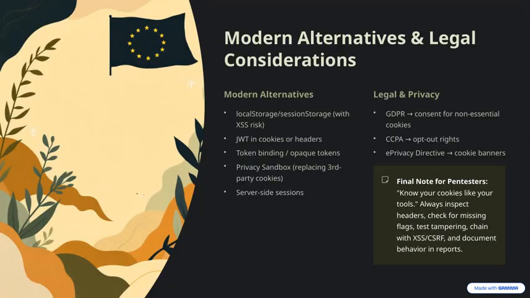Let's take a look at some modern alternatives for managing sessions and cookies, along with the legal considerations that come into play. First, local storage and session storage are popular options, but they do carry XSS risks, so it's important to implement proper security measures. Then there's JWT, which can be stored in cookies or headers. It offers flexibility, but also requires careful handling to prevent vulnerabilities.